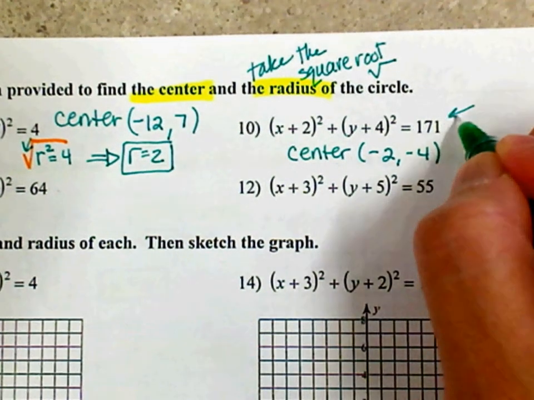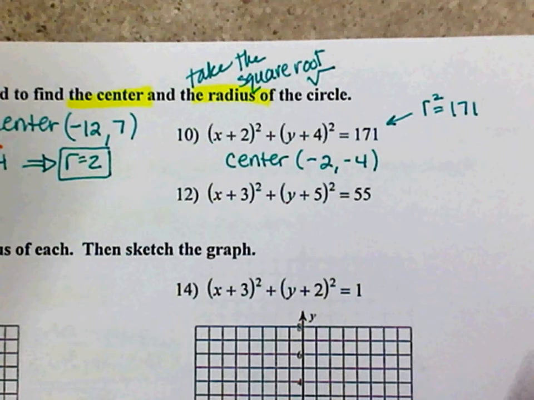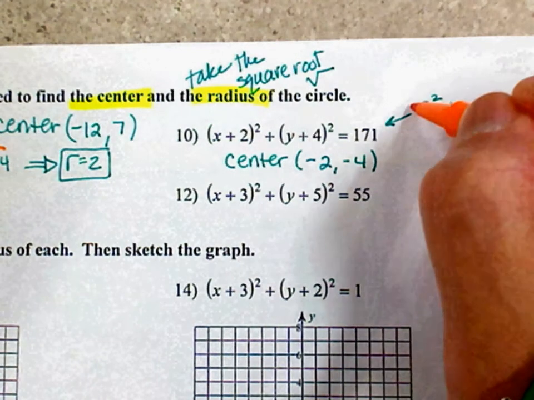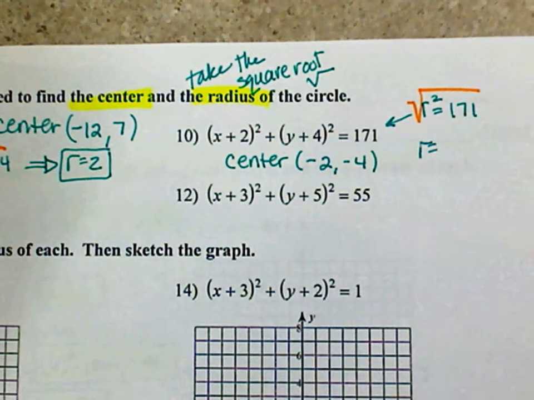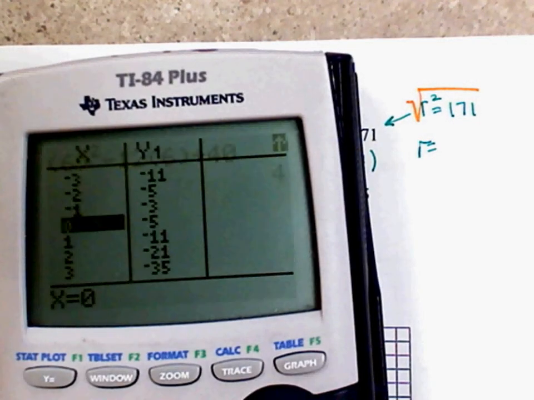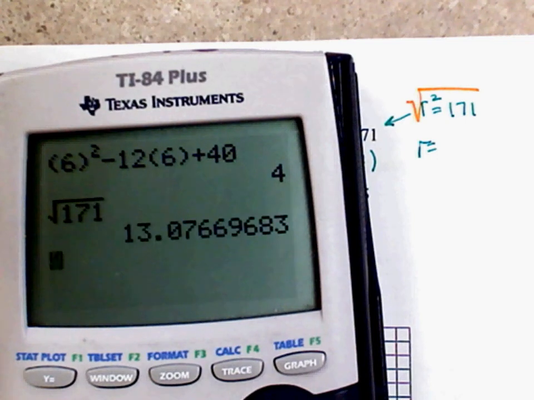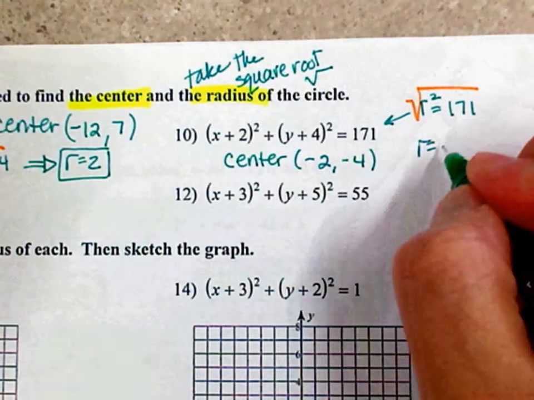Square root of 171? So how do you find the radius? You take a square root. So what did you guys get for r? So what's the square root of 171? 13.1. And there you have it.